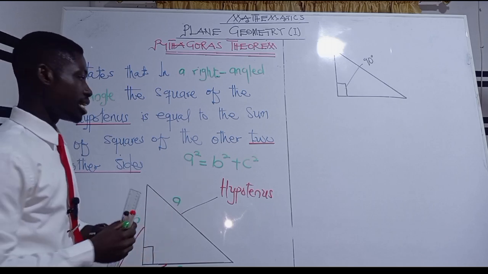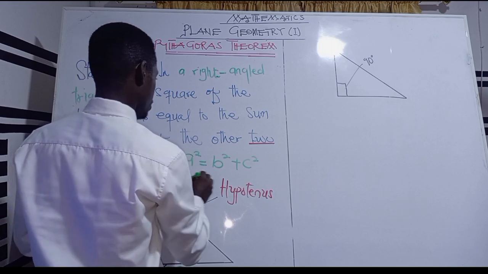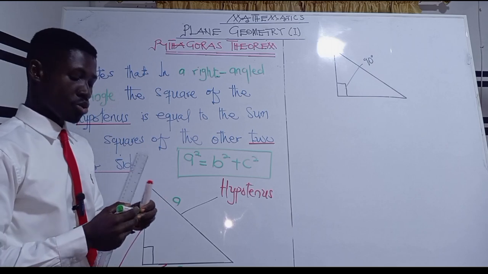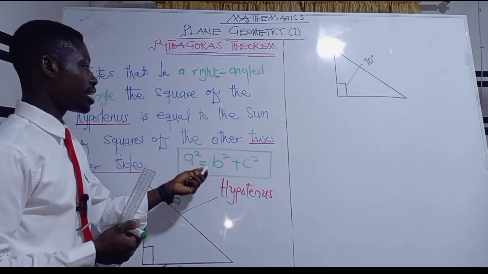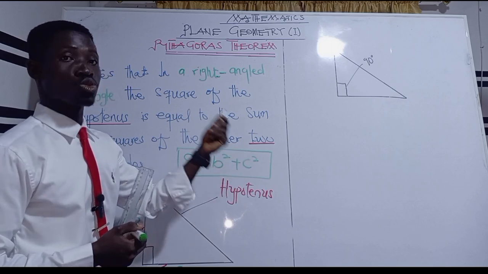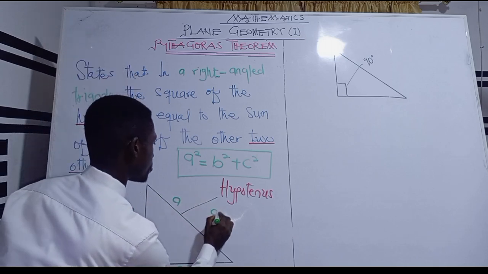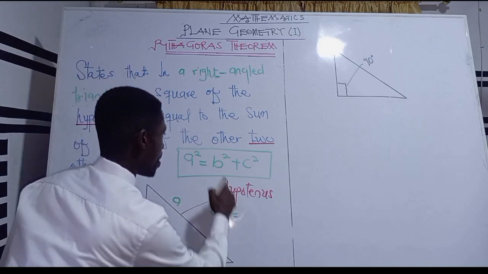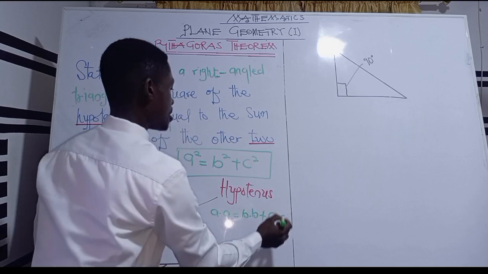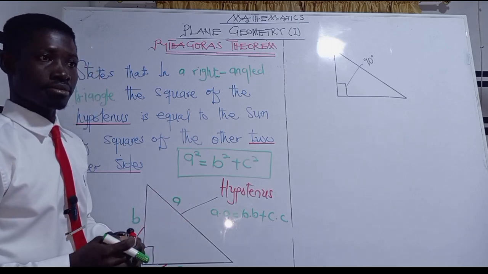This is what the theorem is saying. So the arithmetic expression for the theorem is A squared is equal to B squared plus C squared. Good. Now you know that A squared is the same as A multiplying A, and then B squared, we have B multiplying B, plus C multiplying C. This is the same as this.